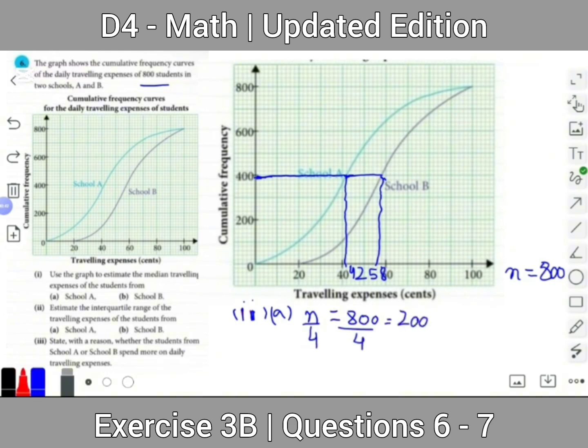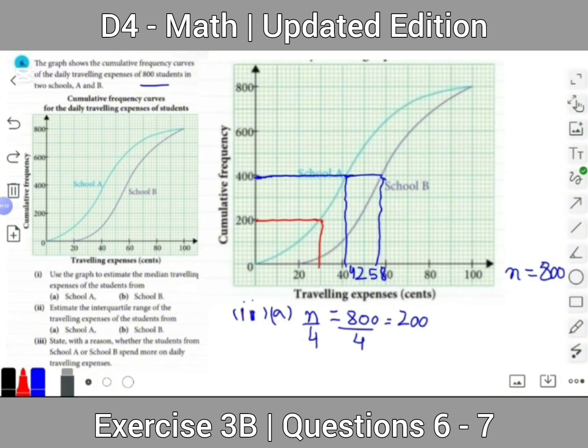Now from 200, we will draw a horizontal line until it touches the curve representing school A. Now from the point of intersection on the curve, we will draw a vertical line until it touches the x-axis.